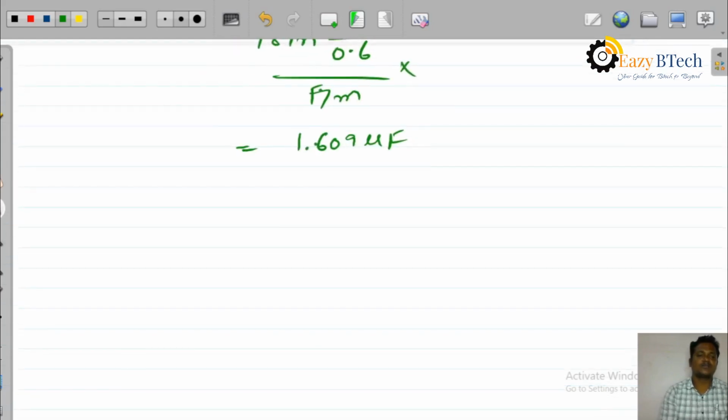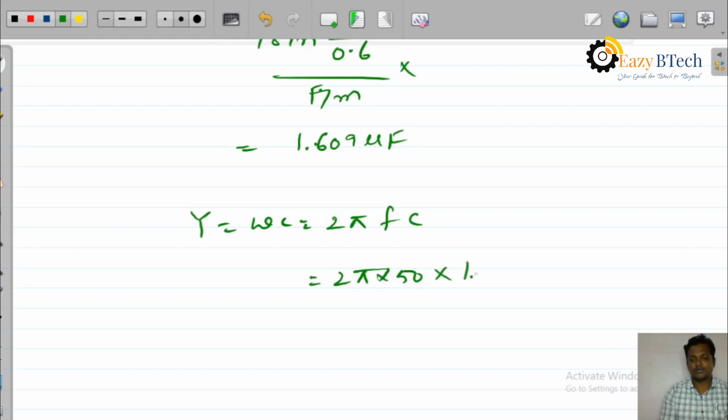Therefore the admittance Y equals omega C, that is 2 pi f C, 2 pi into 50 into 1.609 into 10 power minus 6. We get admittance as 5.055 into 10 power minus 4 mho.